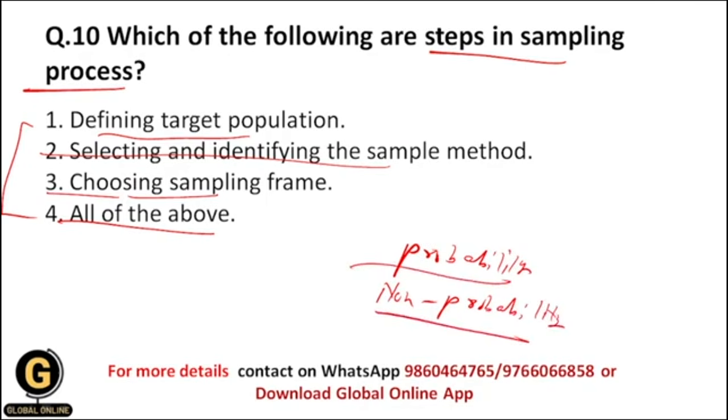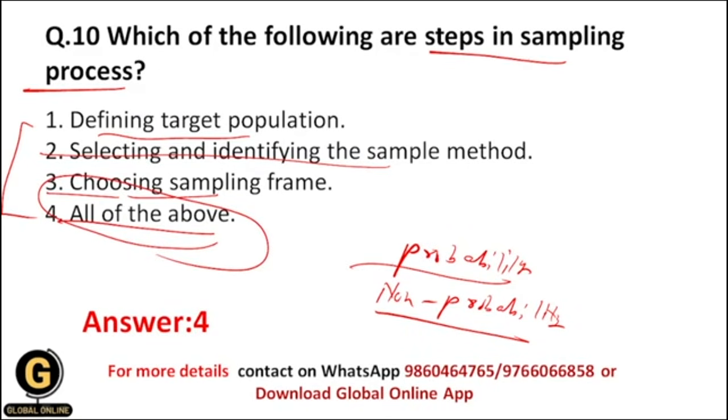We are going to see these things in the next part of this video, so don't worry. And we also need to choose the sampling frame that I told you earlier, which includes all the participants selected for the study. That's why all of these are the steps in the sampling process, and your correct answer should be 4.